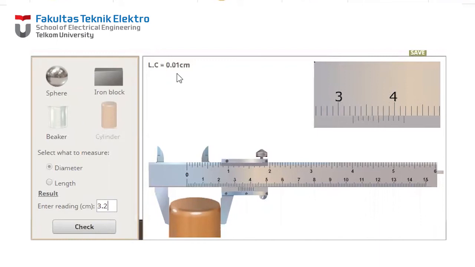Yep, that's right, 6. Next, we multiply it by 0.01 cm. Then we have 0.06 cm. So after that, we add it to the early value, which is 3.2 cm.